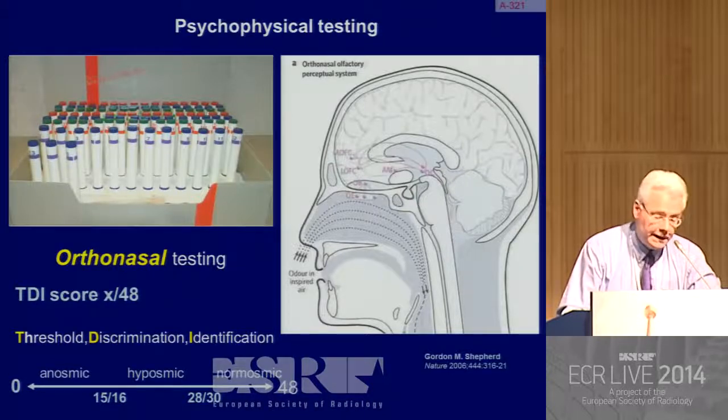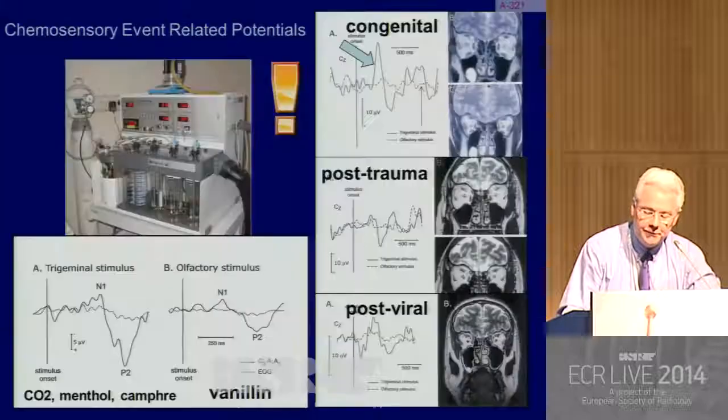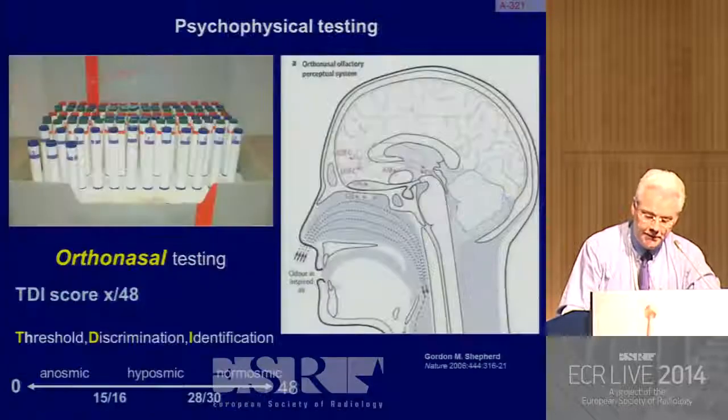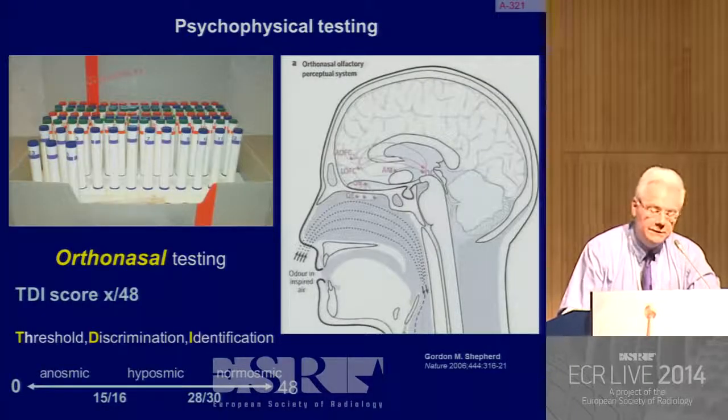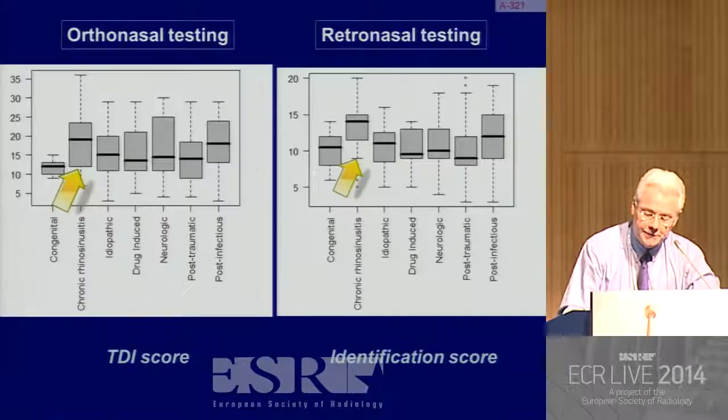I think I have no more time to speak to you about the psychophysical testing of olfaction. I will just say the anosmic patient will undergo sniff testing to assess the severity of the disorder, but these tests have no specificity.